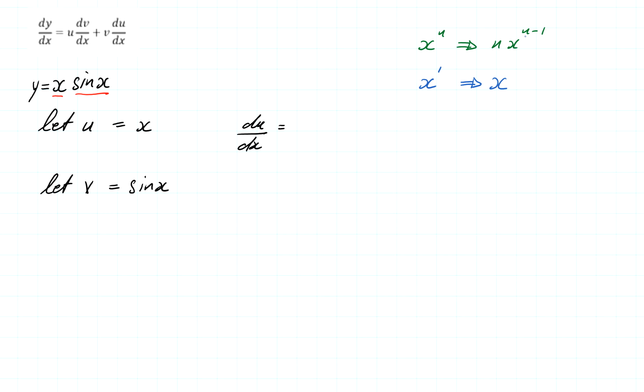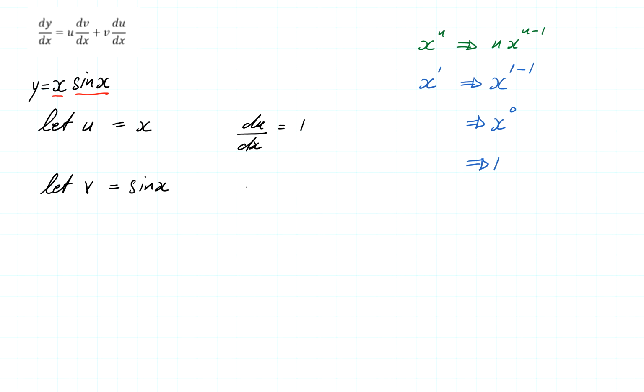X to the power of n is 1, 1 minus 1 gives us x to the power of 0, and as we know by now, anything to the power of 0 is equal to 1, so the derivative of x is equal to 1.